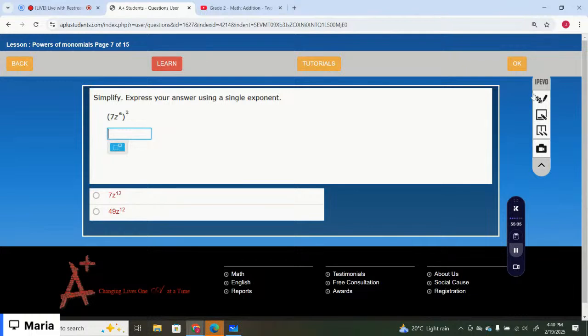That is 49z^12. Okay, you can complete the lesson by yourself later today.